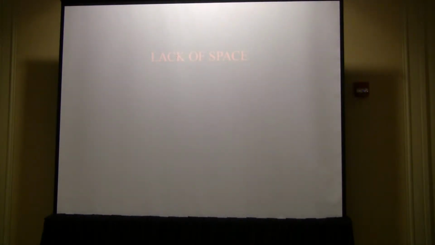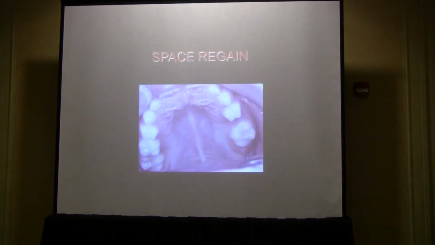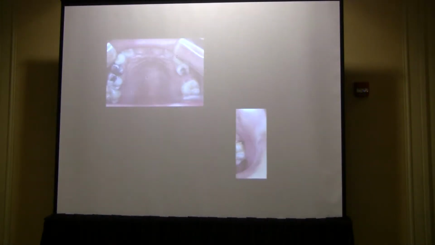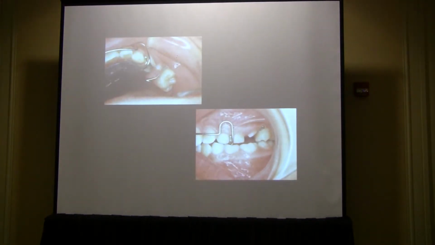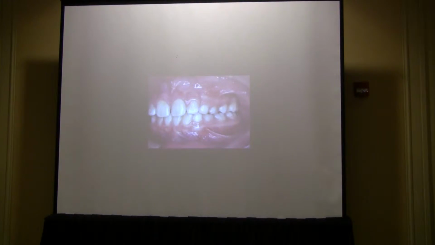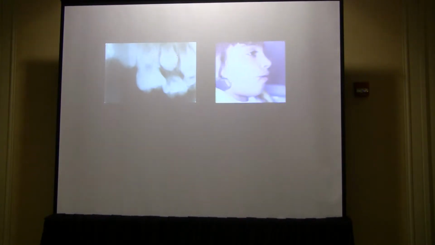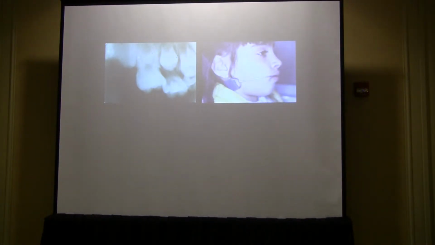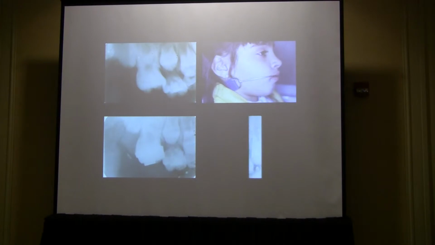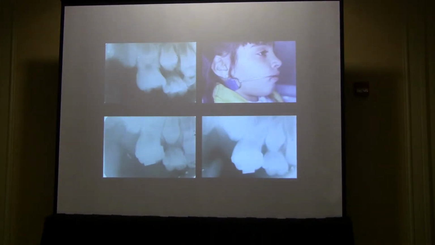When space was lost, we must regain it. A simple plate with springs, and the space is regained. Very easy. If there is an ectopic eruption and we need a headgear action, we are able to regain the space and lead to a normal eruption of the upper second right premolar.